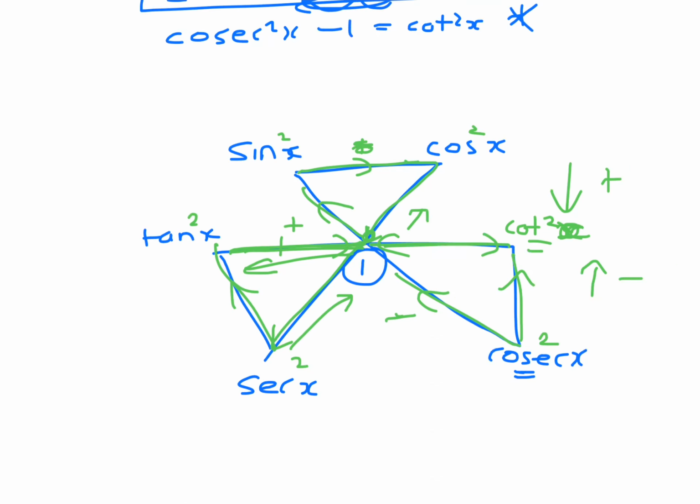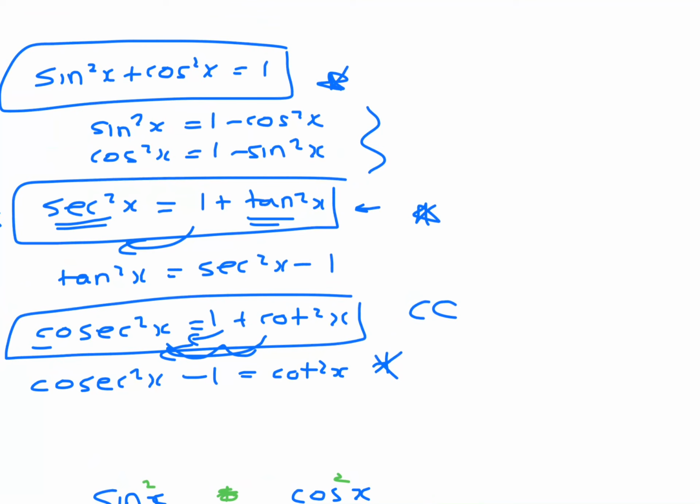But you might just prefer to start with sine squared x plus cos squared x equals 1, and then just divide.